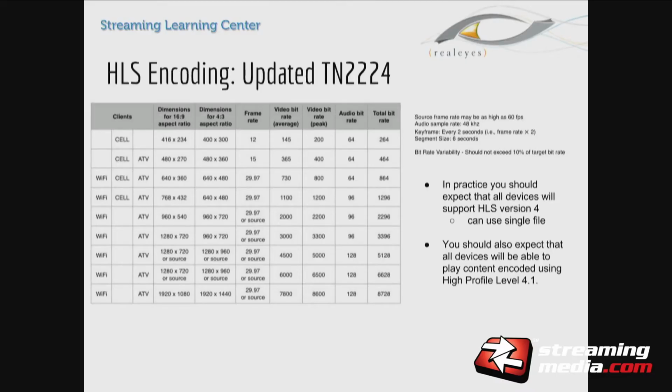And you should also assume that it can play the high profile, which means you don't have to use baseline or main profile for the low quality iterations. Now, it doesn't mean you have to do it that way. I probably would not do it that way for the next few months. But Apple's recommendations are now high profile and the ability to use byte range requests rather than individual .ts files.